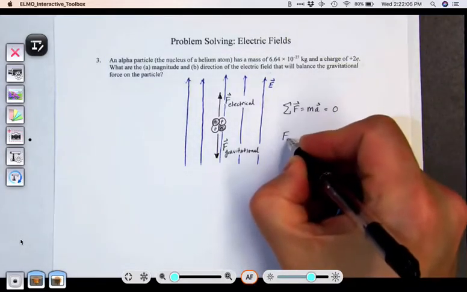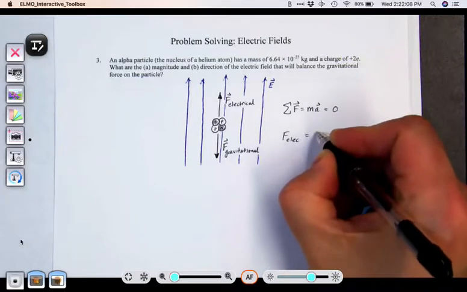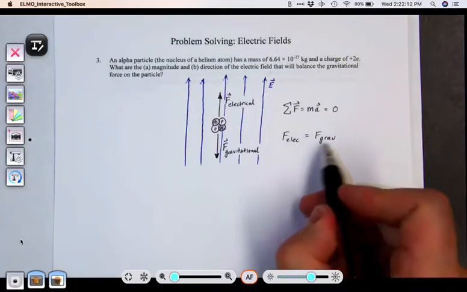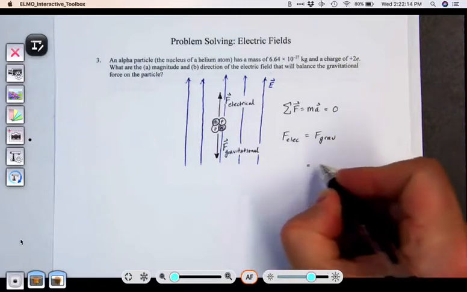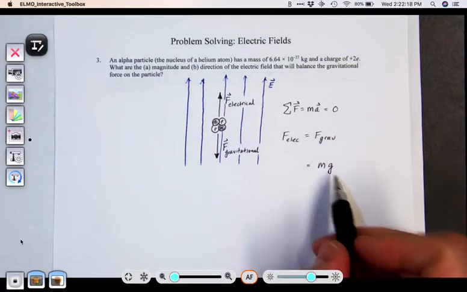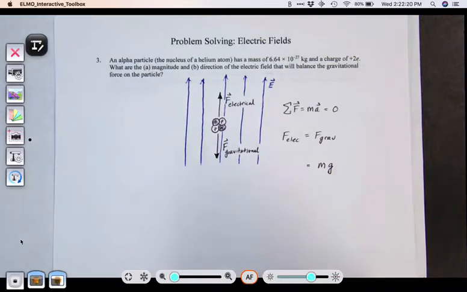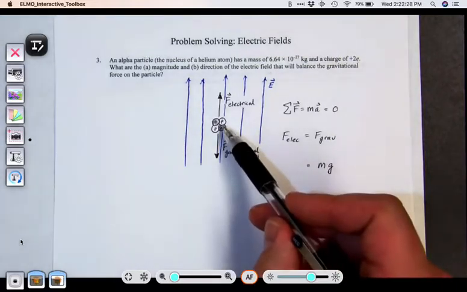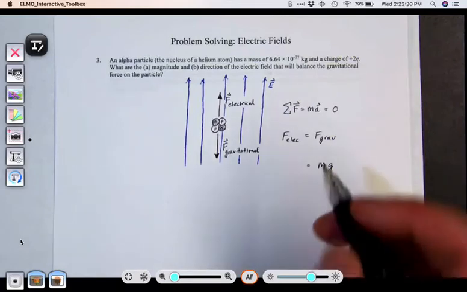It means that the electrical force needs to balance the gravitational force. Gravitational force we're familiar with from Physics 1. That's mass times g. Again, g is often called the acceleration due to gravity. A better name for it would be the local strength of Earth's gravitational field here. It's how much gravity is pulling on this particle, given where it's located.